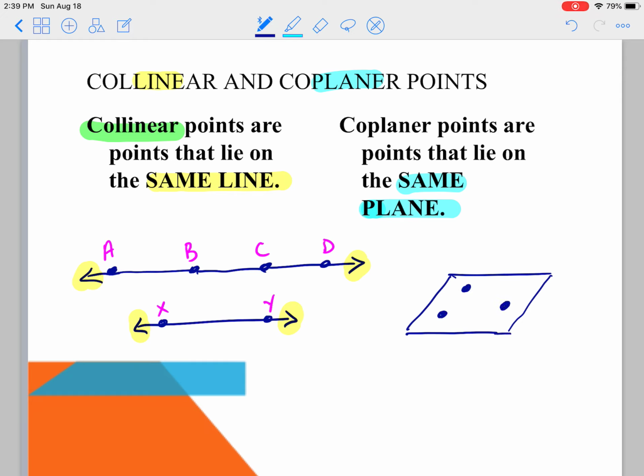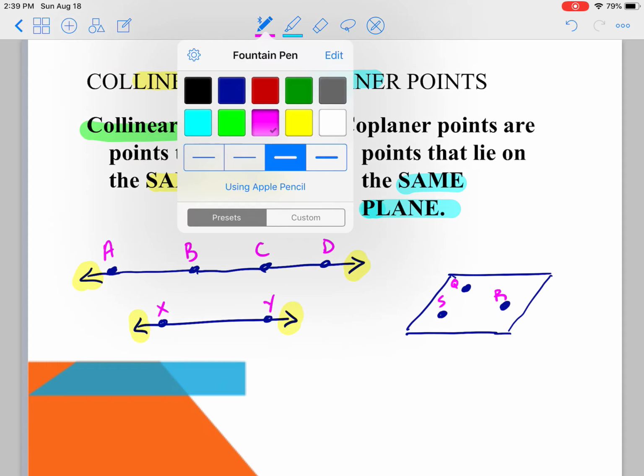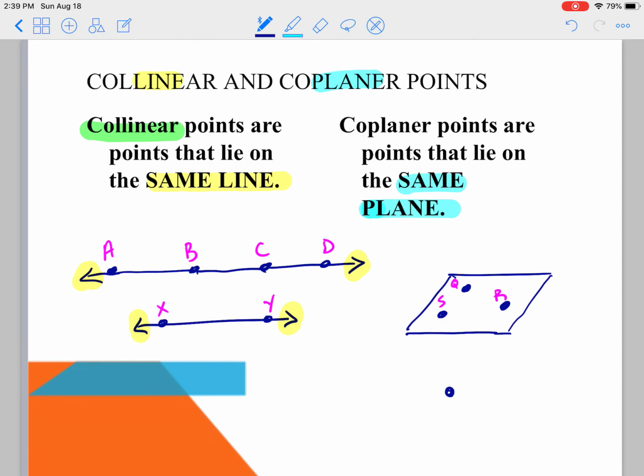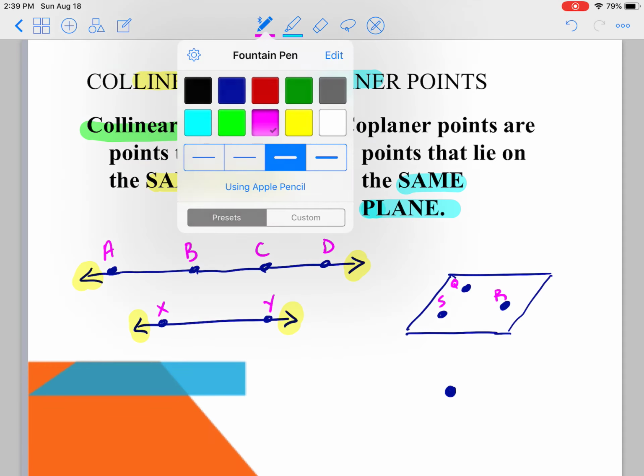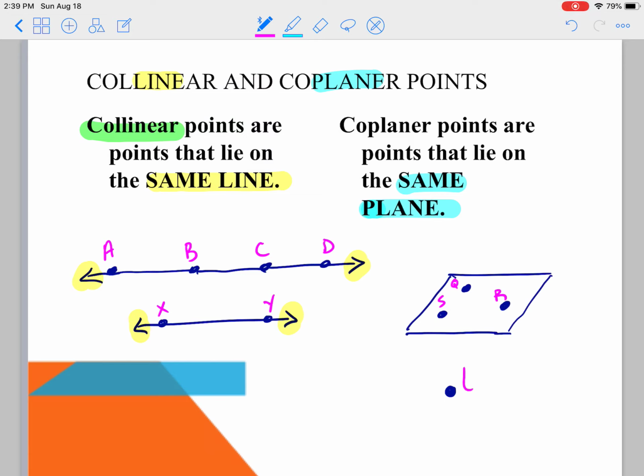If I were to have points on here, we'll call these points S, Q, and R. We can say that points S, Q, and R are coplanar. Okay? If I have a point that is here, and we'll call this point T, point T is not on plane SQR.